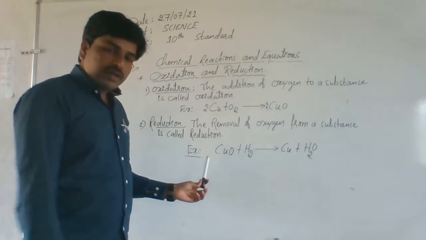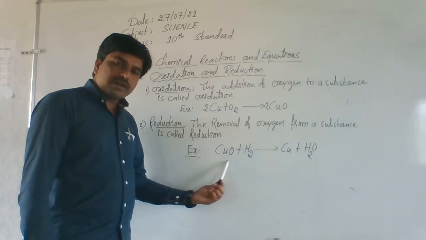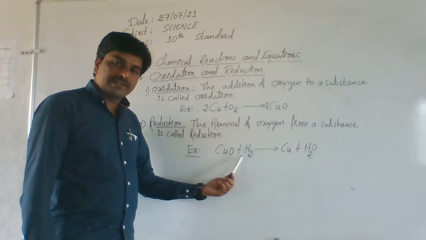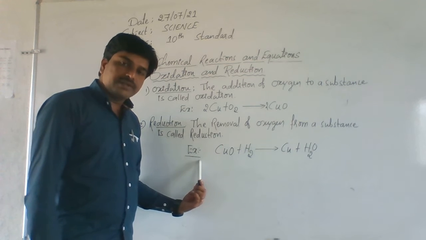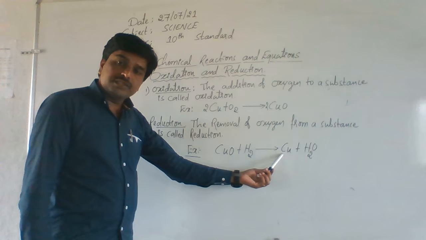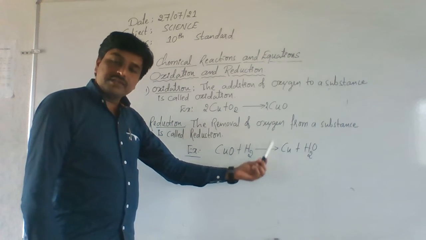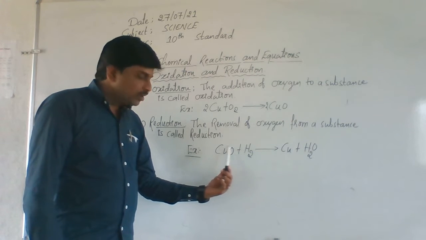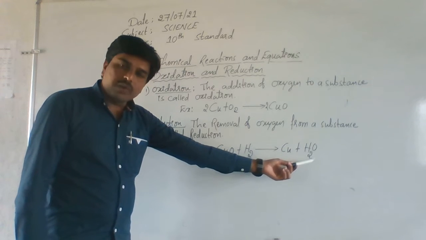Let's see, students. Here I have already written the example. Here copper oxide is there. When you pass hydrogen gas to this copper oxide, copper again turns to brownish color. It gains the same color, because oxygen is removed by this hydrogen and it forms water.